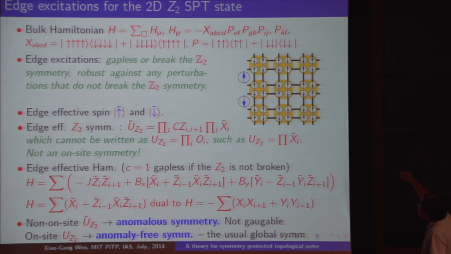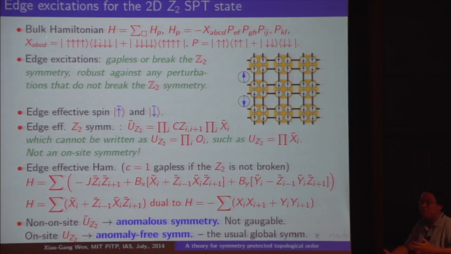Then we notice that when we have a Z2 symmetry on each site, we have this CZ term between these two spins. It's not just spin flip. It's a spin flip plus some phase factor which depends on these two spins. So now from here you can see that the Z2 symmetry on the boundary is a little bit funny. It flips the boundary spin, but also has a phase factor depending on the neighboring spin. It really is coming from the bulk Z2 transformation. So therefore, that's the key.